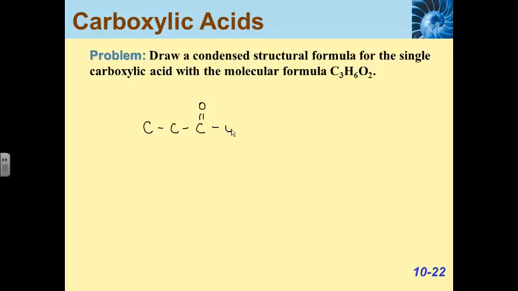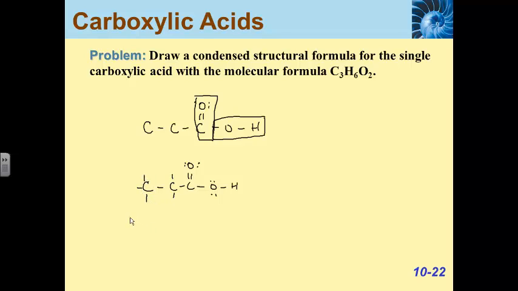To make it into an acid, I'm going to have to put the COOH functional group, the carboxyl and the hydroxyl. So it gives us two functional groups together called carboxylic acids. I'll clean that up. C, C, C, double bond O going north, single bond OH, filling in the dot structure.